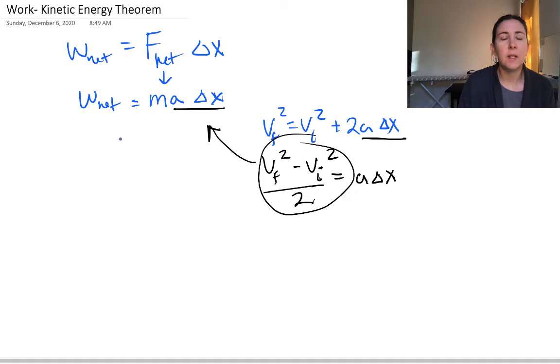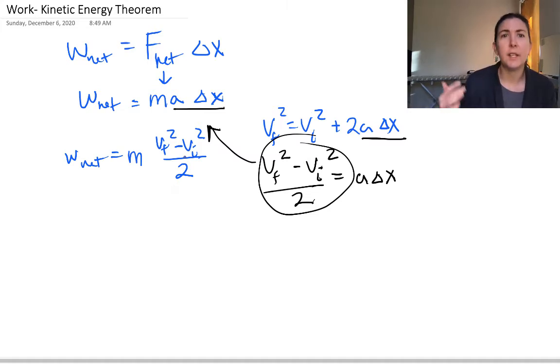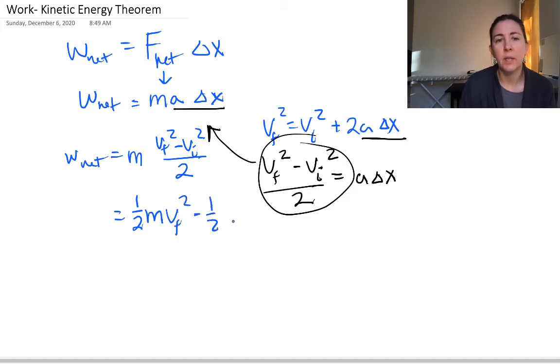So that gives me the net work is mass times velocity final squared minus velocity initial squared over 2. This should start looking like something, because I have a divided by 2, or 1/2 times the mass times the final velocity squared minus 1/2 times the mass times the initial velocity squared.